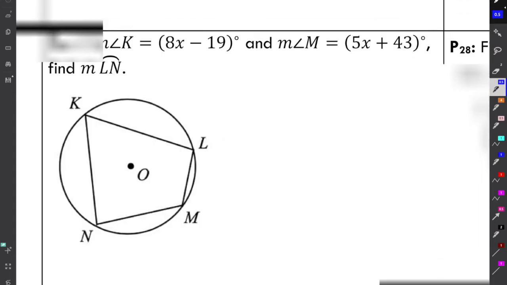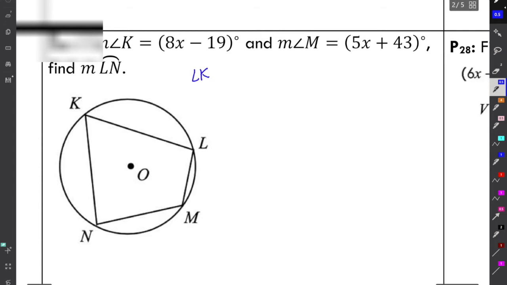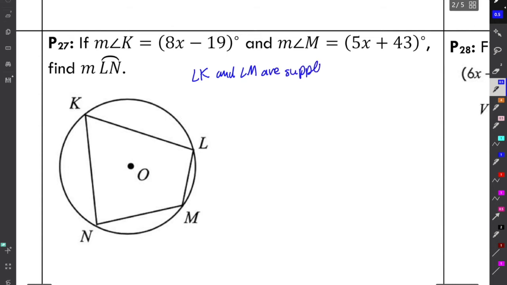What we're going to do is set this one up. I'm just going to write right here, angle K and angle M are supplementary, because they are opposite angles of the inscribed quadrilateral.